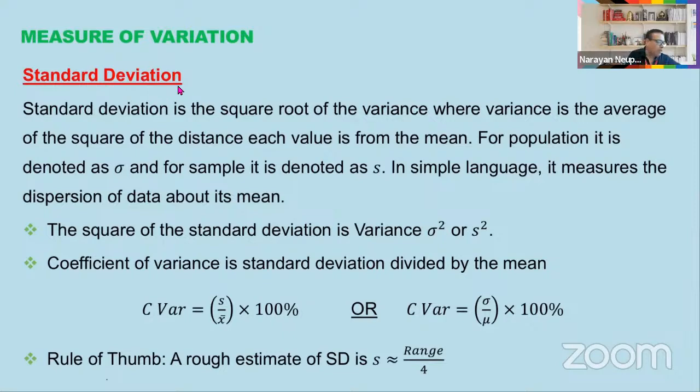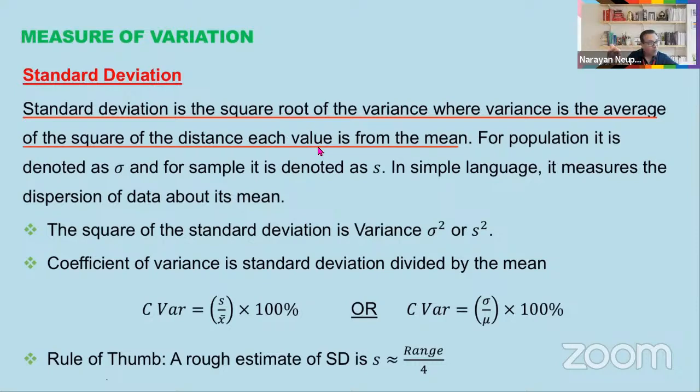The primary definition of standard deviation is the square root of the variance, where variance is the average of the square of the distance each value is from the mean. That is the mathematical definition of standard deviation. Okay, but before we look at the formula using this sentence, we have a couple of things to note here.